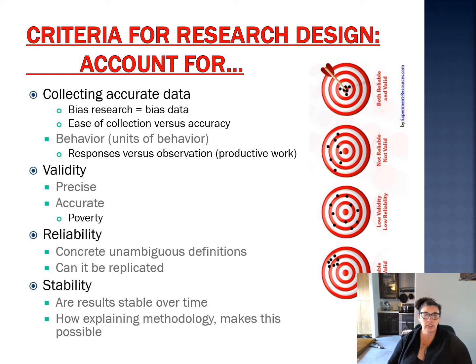So when we're considering what method we want to use for collecting our data and what we're trying to collect, there are a few considerations that we need to take into account. We want to be focused on collecting accurate data, meaning we want to avoid our own bias or bias within our culture or society that would lead us to a result of biased data, what we might call junk in, junk out. So if you aren't paying attention to a bias, it could create a situation where you have low or inaccurate validity.